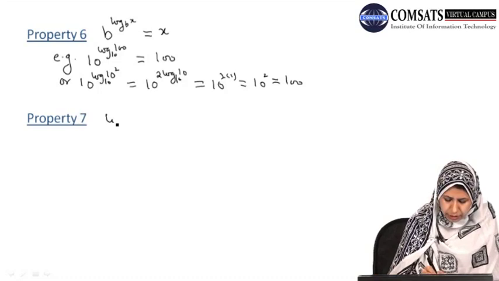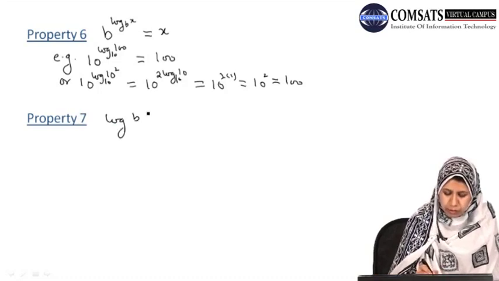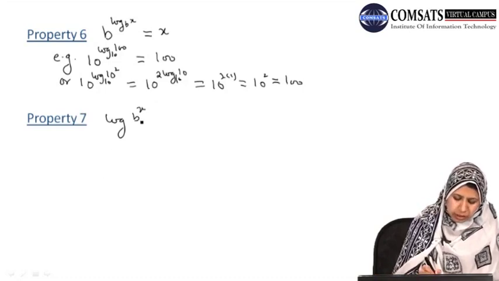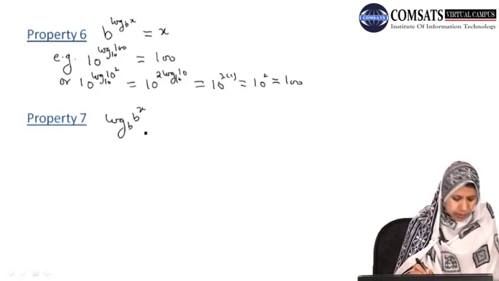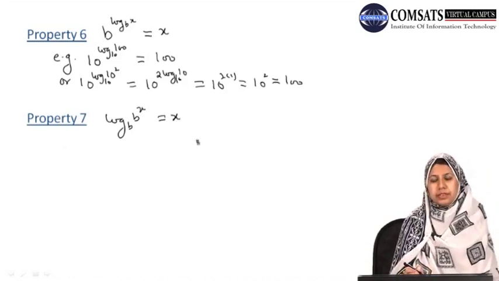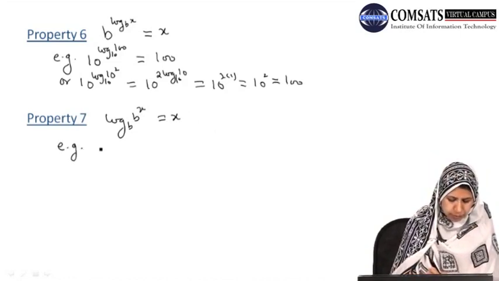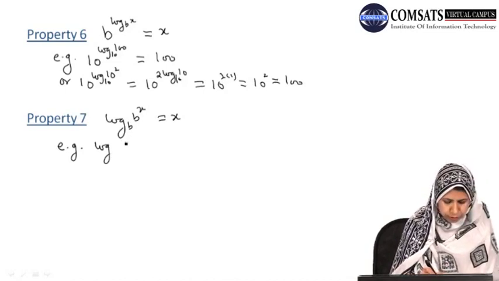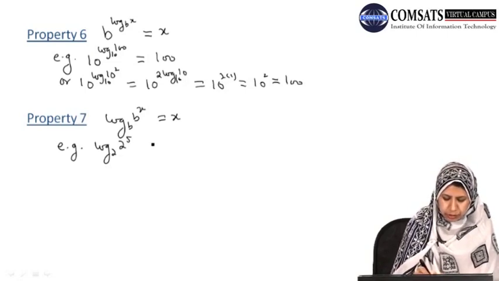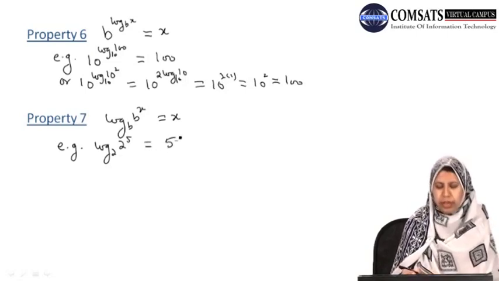Seventh property says that if we have log of some number b to the power x, the log of the exponent with the same base is equal to x. For example, log of 2 to the power 5 with the same base 2 is nothing but 5.